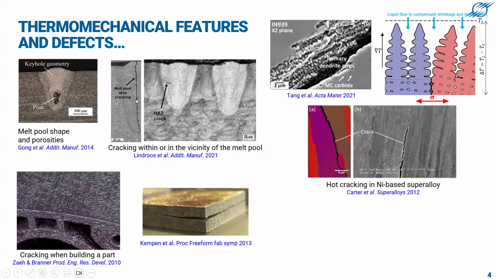And those cracks can be of two types. They can be cracks in solid state, or more critically maybe what we call hot tearing or solidification cracking. That's a crack that forms before solidification is complete.